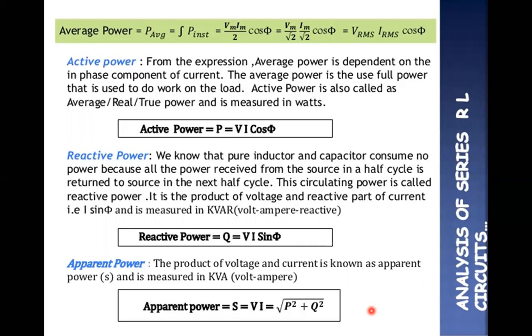So Q is equal to VI sin phi. The last is apparent power. The product of voltage and current is known as apparent power and is measured in kVA, kilovolt amps. So apparent power S is equal to VI, which is nothing but the square root of P square plus Q square.